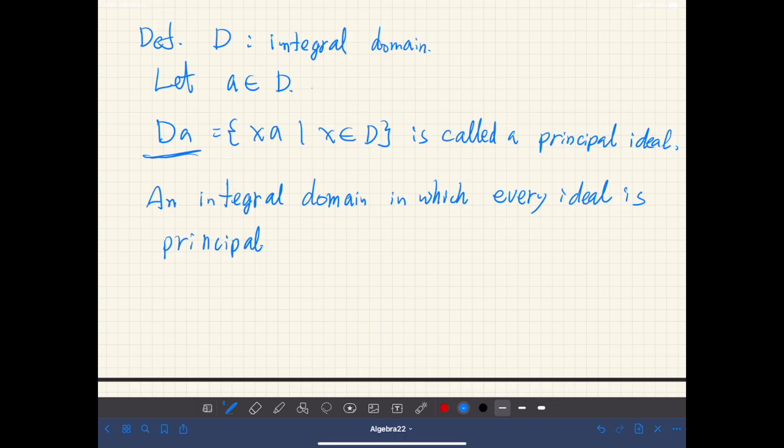An ideal being principal means it is generated like this. So an integral domain in which every ideal is principal is called a principal ideal domain.